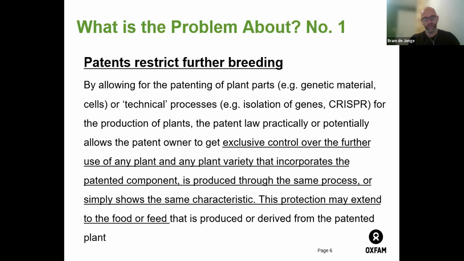meaning that it will be very difficult for farmers and breeders, who are not supported by a truckload of lawyers, to know what their freedom to operate is, to know what they can use or not in their plant breeding programs, in their fields, when they do farmer selection and further crossings.